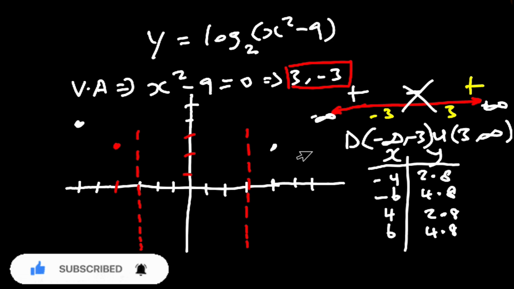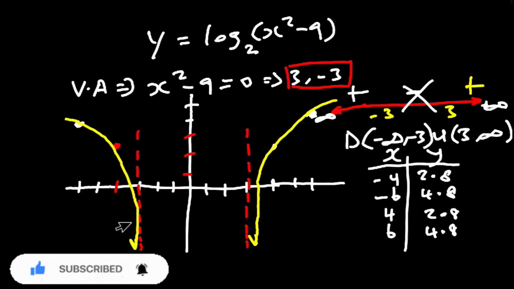So this is 6 here, and 4.8 somewhere here. Let's connect the dots. This one is going to be like this, and this one like this. Remember, this line never touches the vertical asymptote, but it keeps getting closer. Okay, so this is the graph of this function.